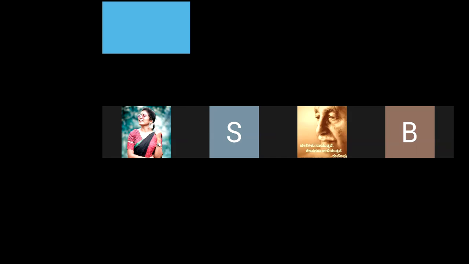Let us start here. We saw the Constitution. Key features of the Constitution we were seeing. We saw federalism is one of the features of the Constitution.